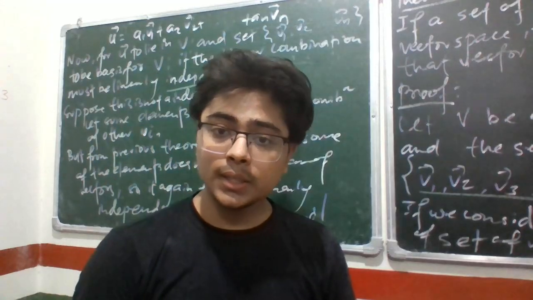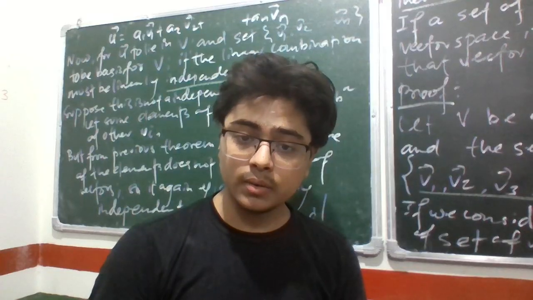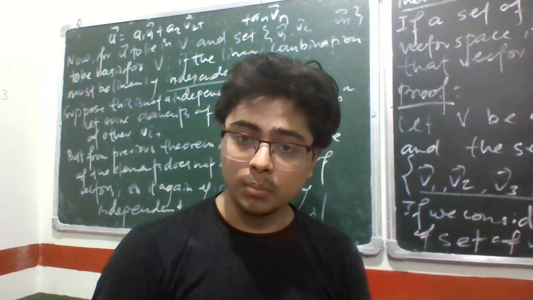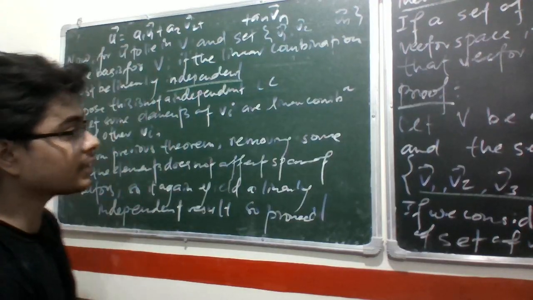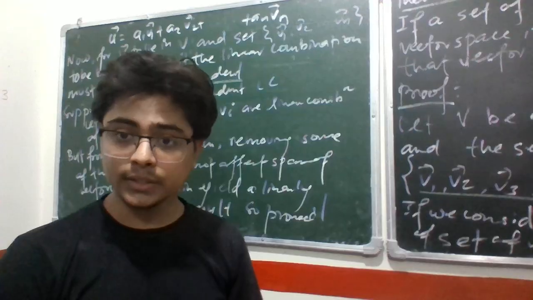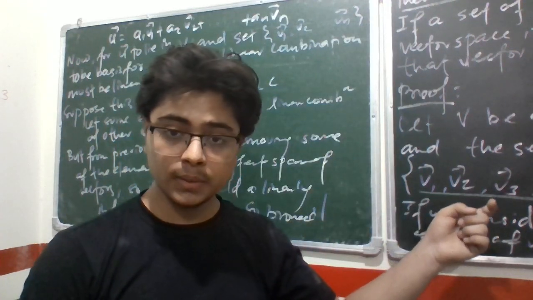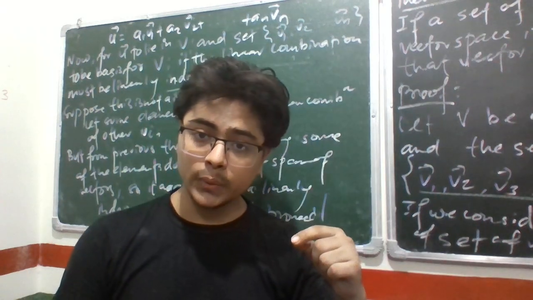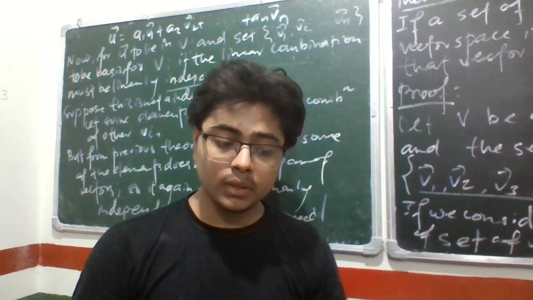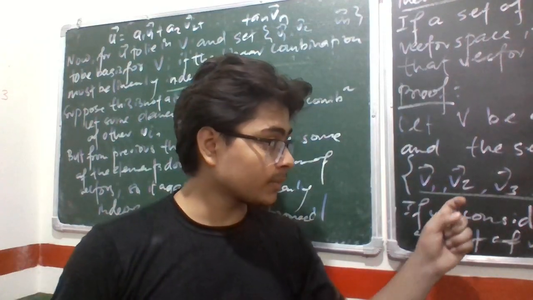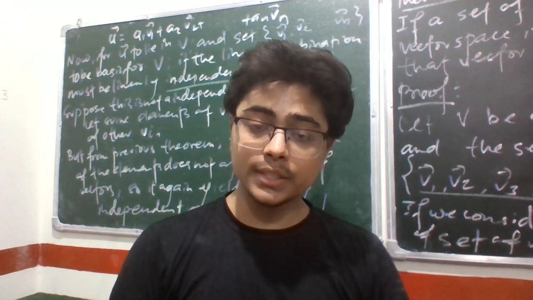But let's prove it by using proof by contradiction, and let's suppose that it doesn't form a linearly independent combination. If we consider that, then some of the vectors may be linear combinations of others. But by the previous theorem, we already know that removing some of the vectors from the linear combination does not change the span.